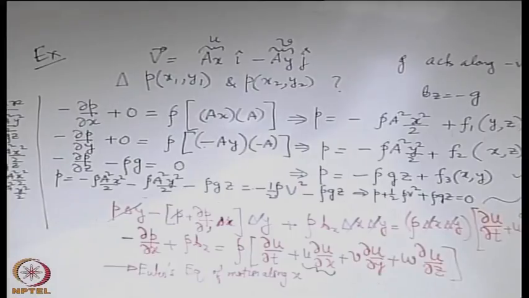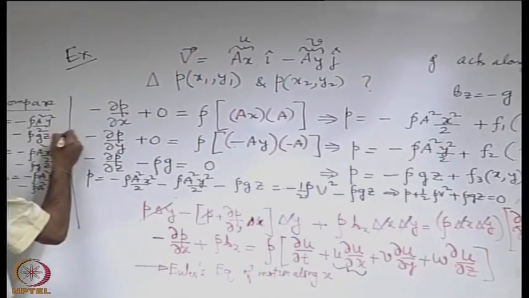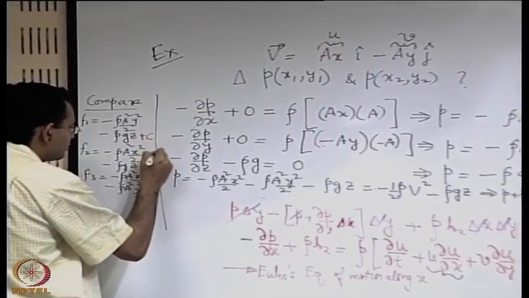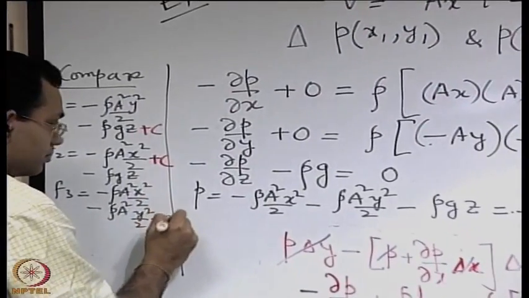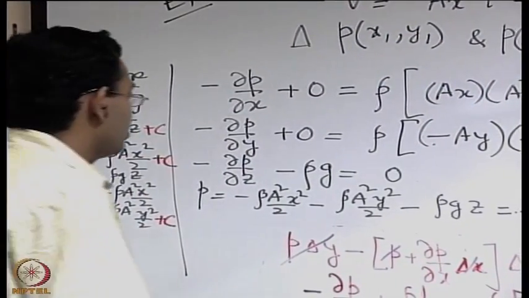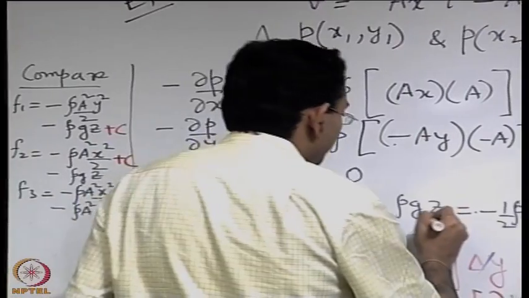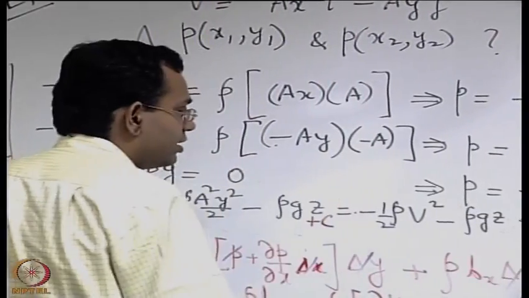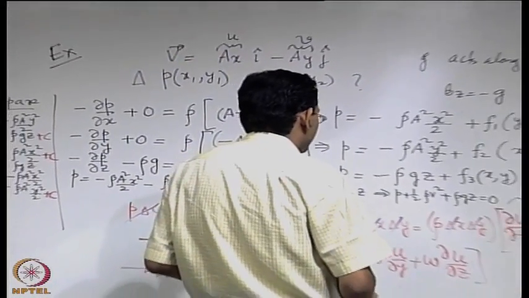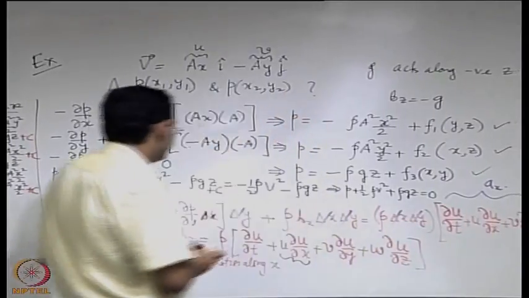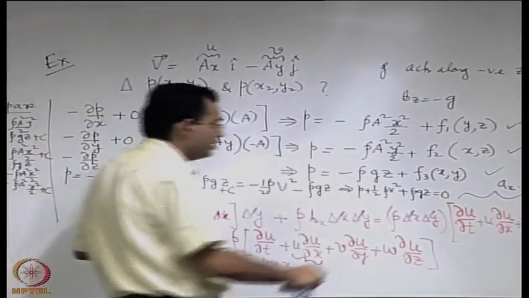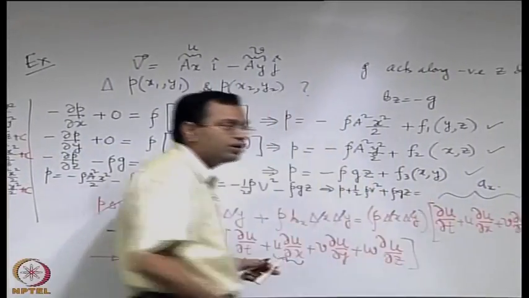So, a very important thing here is that each of these should be augmented with a constant. So, what it means is that this plus c will be there. So, in place of 0, it will become some constant.